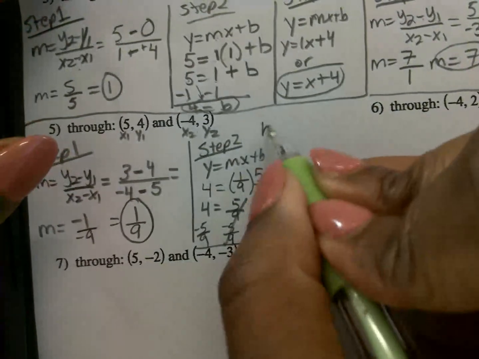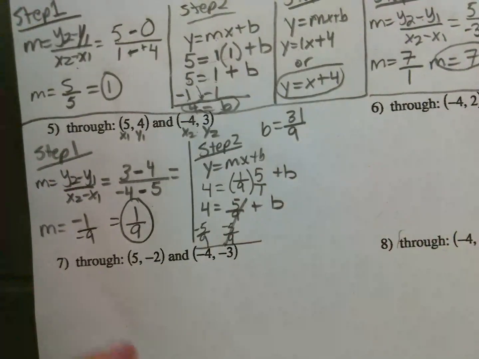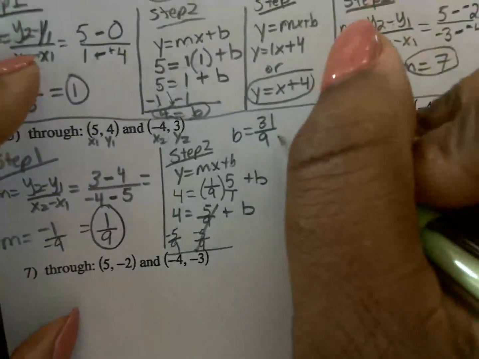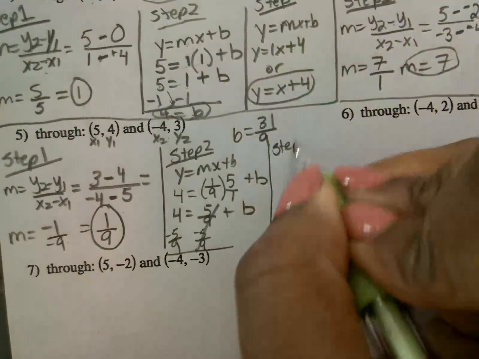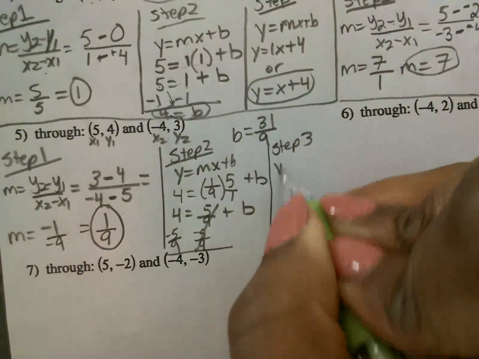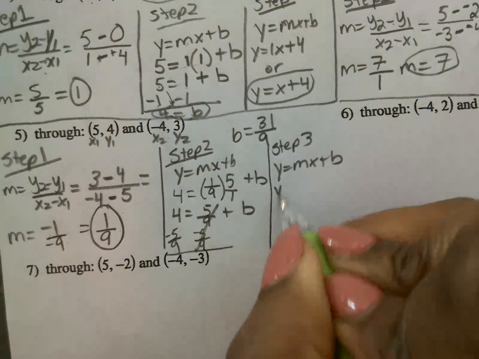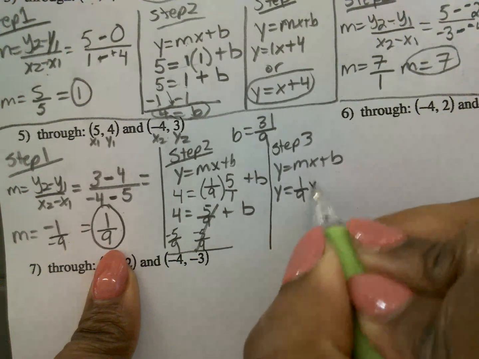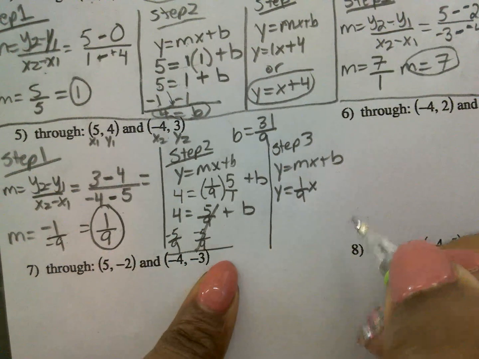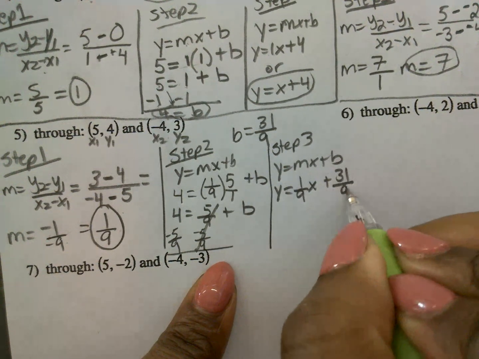So B is equal to 31 over 9. Or you can write it as a decimal, doesn't matter. So lastly, step 3, slope-intercept form, y equals mx plus b. You got y is equal to, your slope is 1 over 9x, and your b is plus 31 over 9.